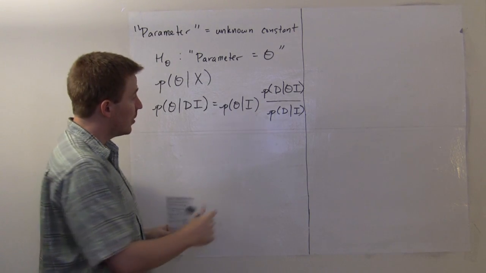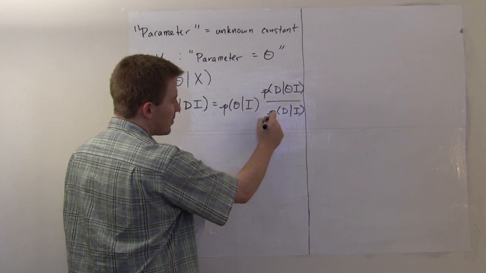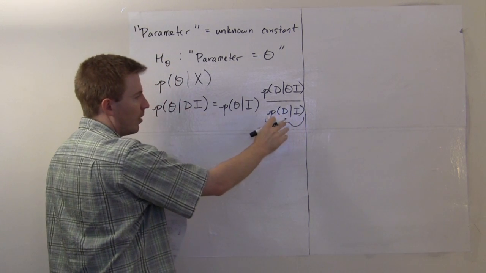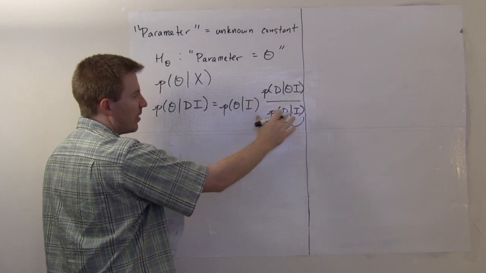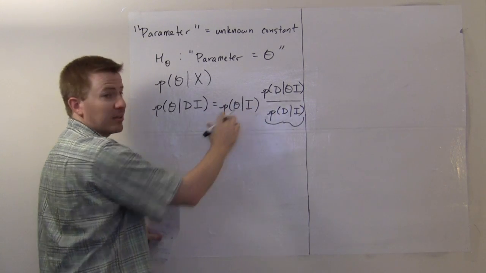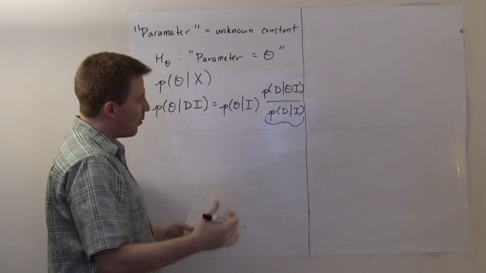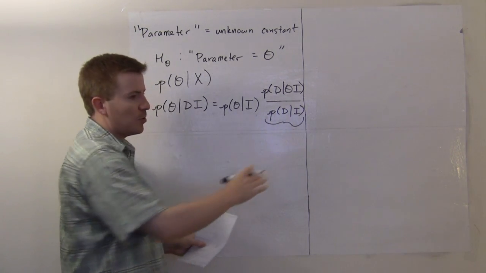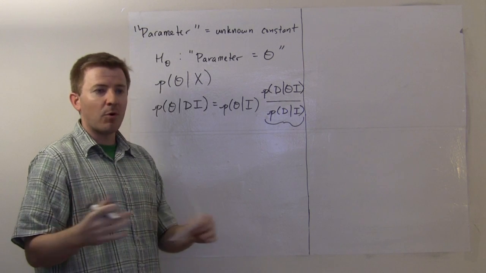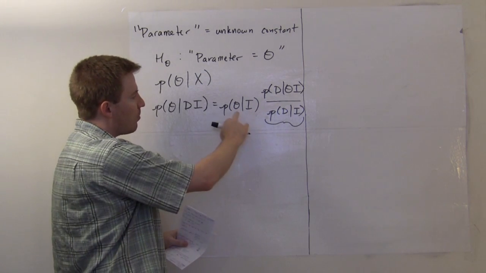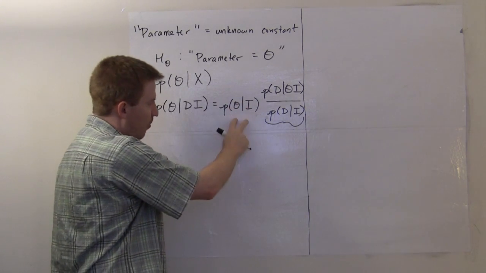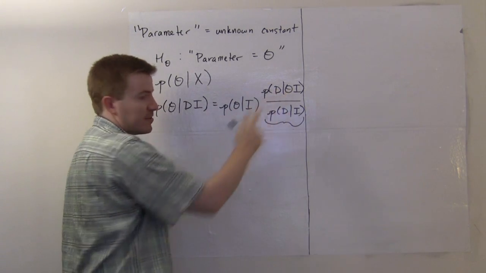As usual, the part we're going to have to focus on the most is this denominator term, which is the total probability of the data not conditional on a particular value of the parameter. The way we'll approach that, exactly as we've done before, is to decompose it into a sum or integral over all of the possible other values that the parameter might have, and their prior probabilities and their sampling distributions.